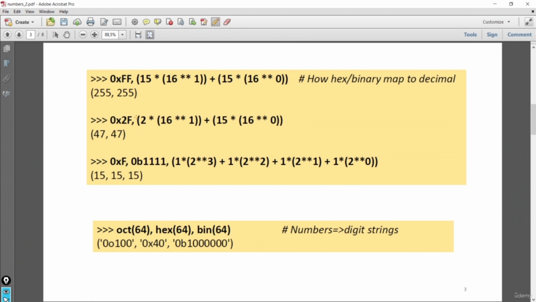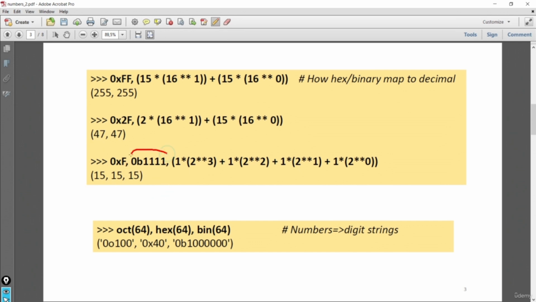How do we convert it to decimal? 2 is multiplied by 16 to the power 1, and f, that is 15, is multiplied by 16 to the power 0, and this calculation can be achieved using this line. Double star means power. Okay, these numbers are converted to decimal. They all are equal to 15.